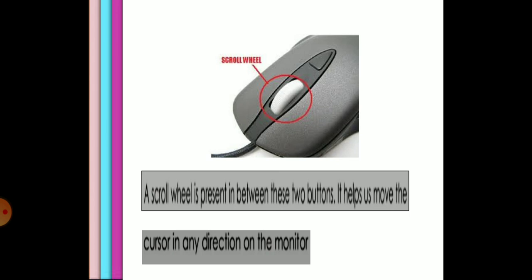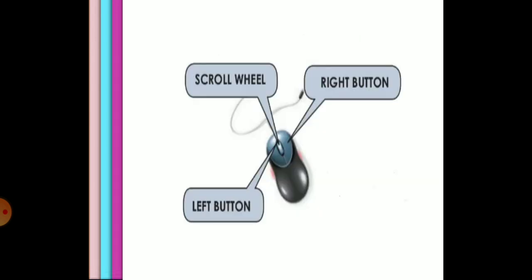When you roll this scroll wheel, the cursor moves in different directions on the monitor. This is called a scroll wheel. In this figure, you can see the left button of the mouse, the right button of the mouse, and in the center there is a scroll wheel.